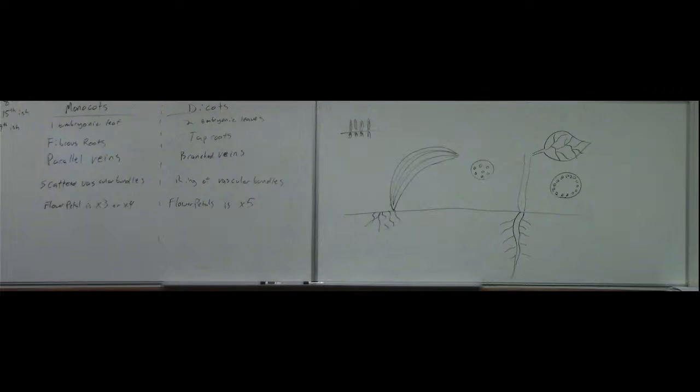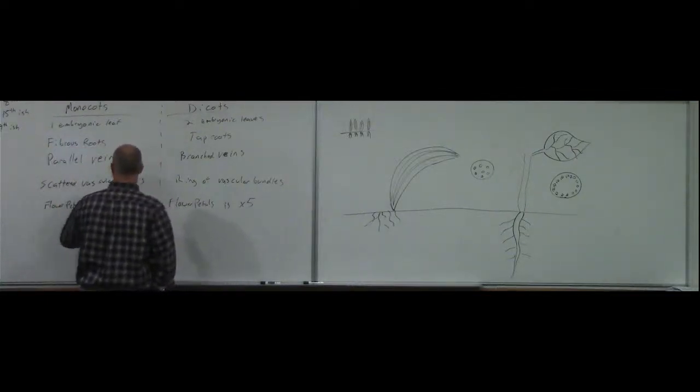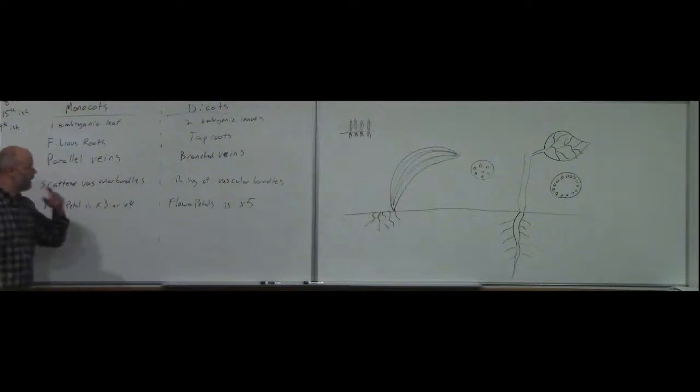If I tell you that it has its veins scattered randomly in its stem, it's a monocot. Okay, I might have said it wrong, sorry. If I tell you that it has fibrous roots and parallel veins in its leaves, it's a monocot. I tell you it has 9 leaves or 9 petals, you tell me it's a monocot.